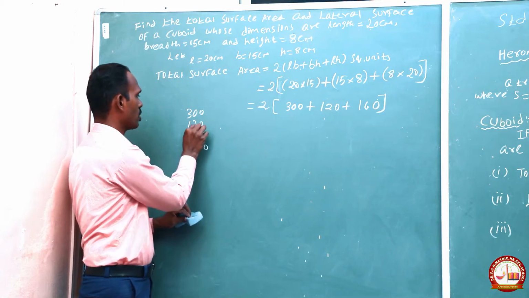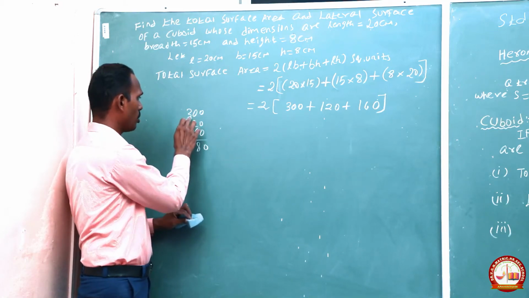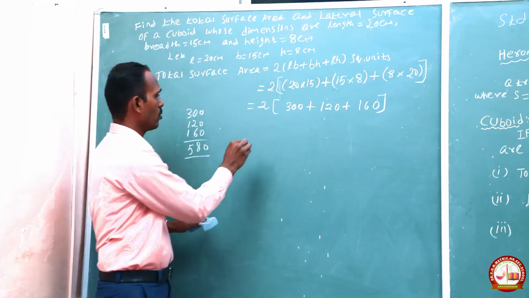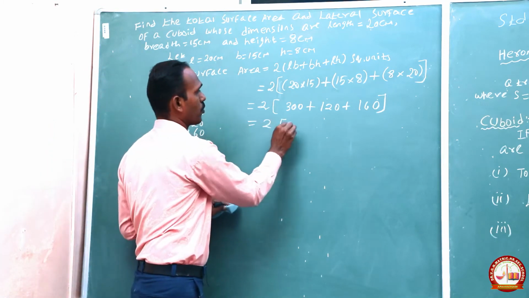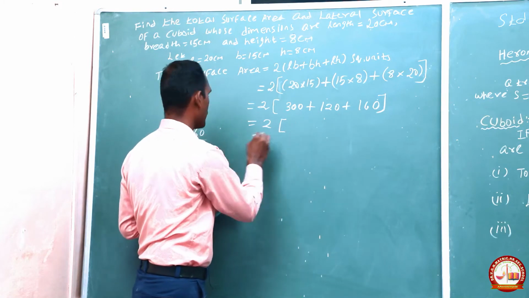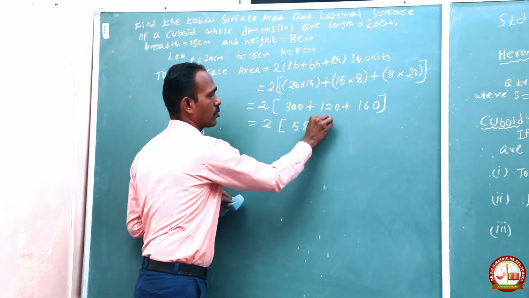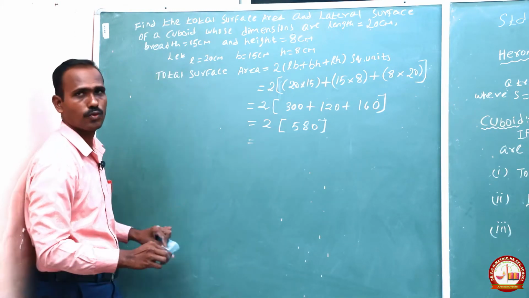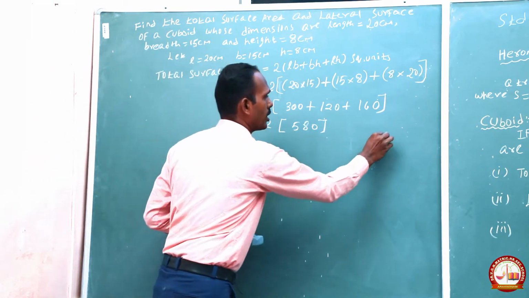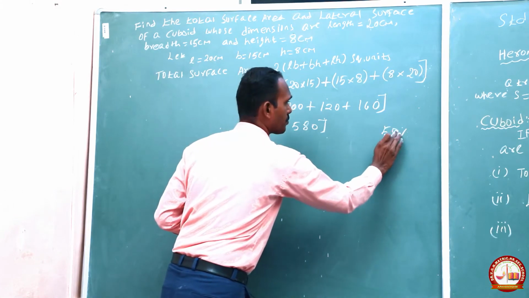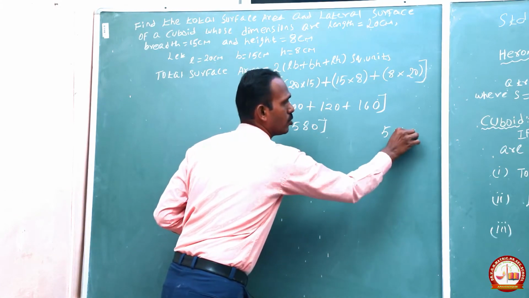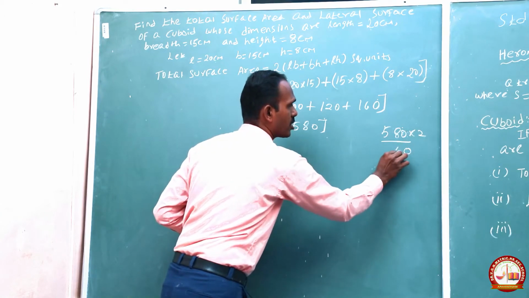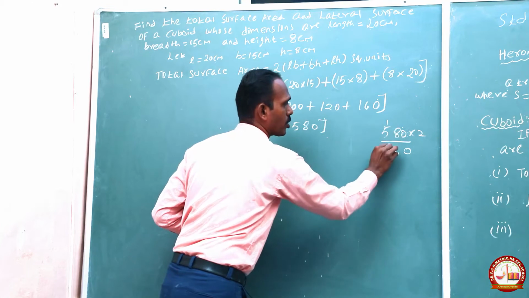So 0, 6 plus 2, 8. So 3 plus 1, 4, 4 plus 1, 5. So 580. So here we multiply 2 into, we add all these, the answer is 580. Then we multiply 580 into 2. 2 into 0, 0, 8 2s are 16, 6, balance 1, 5 2s are 10, 10 plus 1, 11.